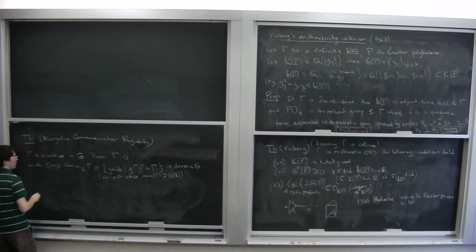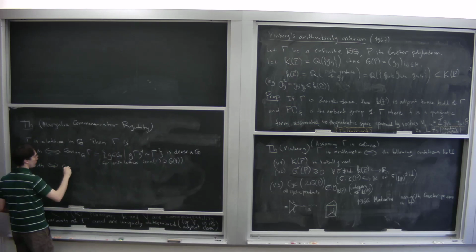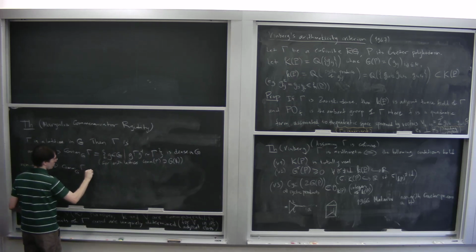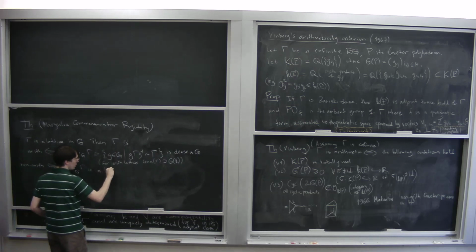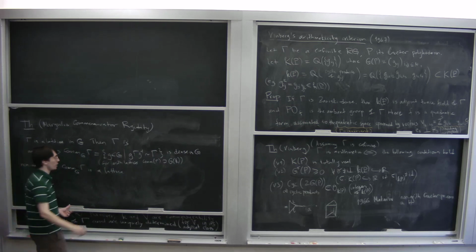And it is non-arithmetic if and only if the commensurator of gamma in G is a lattice, and in fact, it is a maximal lattice containing gamma.